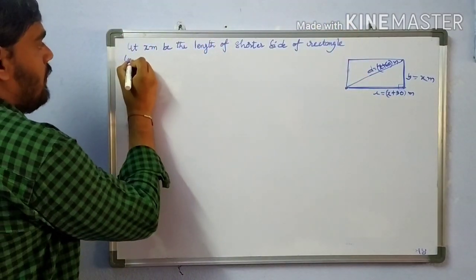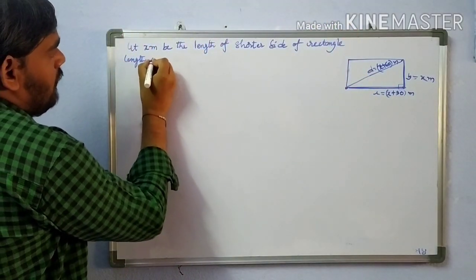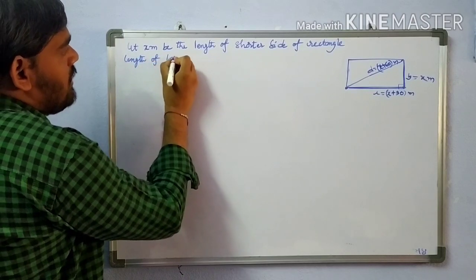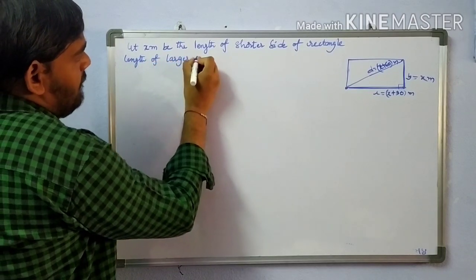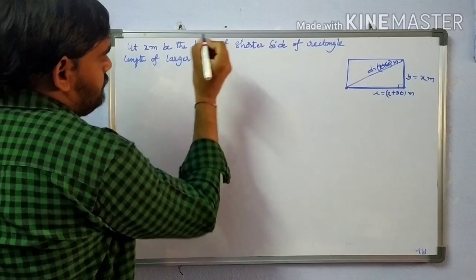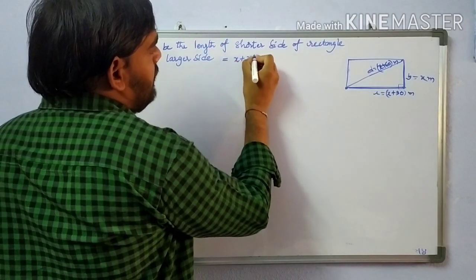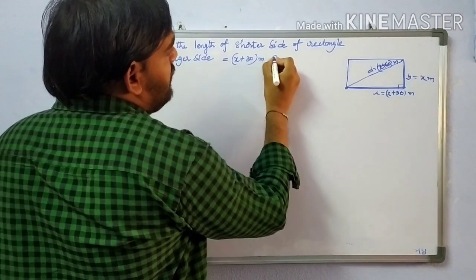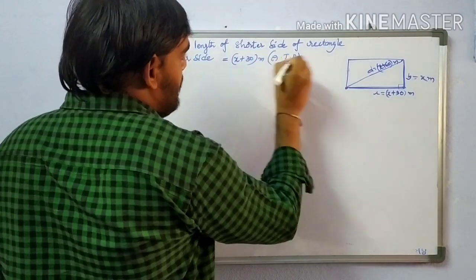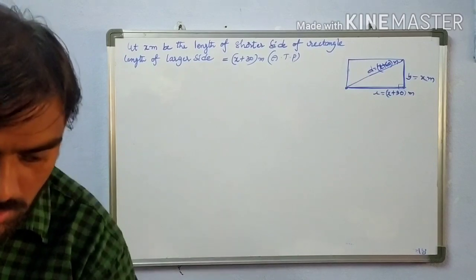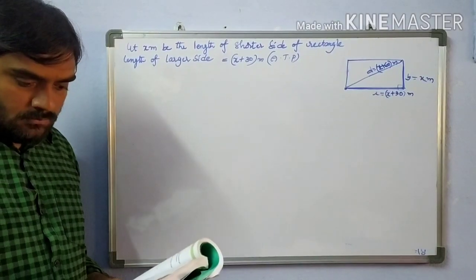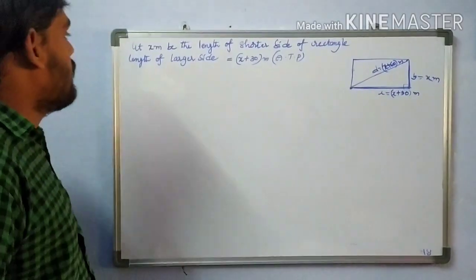Next, the length of the larger side is equal to X plus 30 meters, according to the problem.